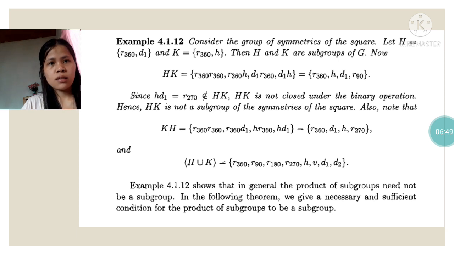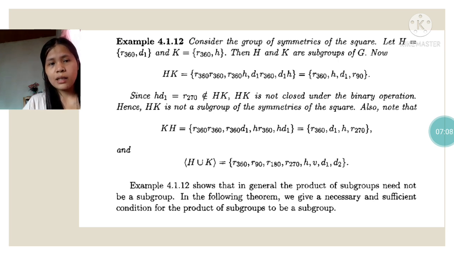Since D sub 1 H is equal to R270 does not belong to HK, HK is not closed under the binary operation. Hence, HK is not a subgroup of the symmetries of the square.